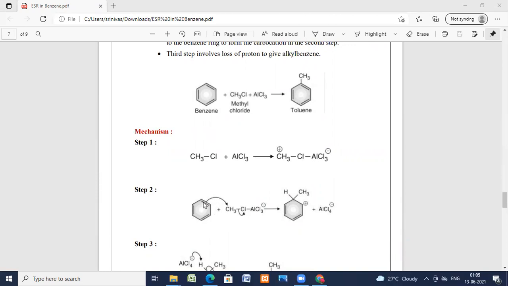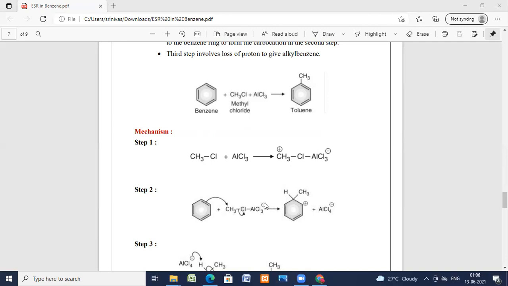CH3+ comes here and the pi electrons shift towards one carbon, giving that carbon a negative charge and this carbon a positive charge. The negatively charged carbon is attached to the electrophile methyl group, AlCl4- is formed, and on the benzene ring you get the positive charge.